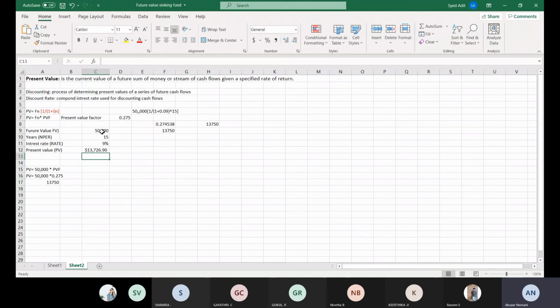So due to some changes in the decimal places, we are getting this value here.